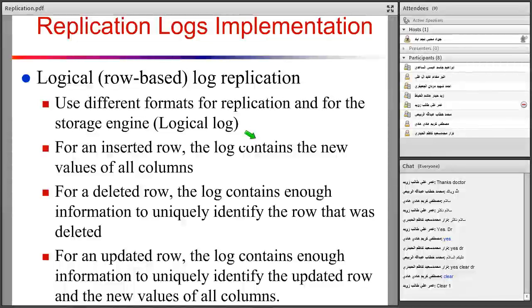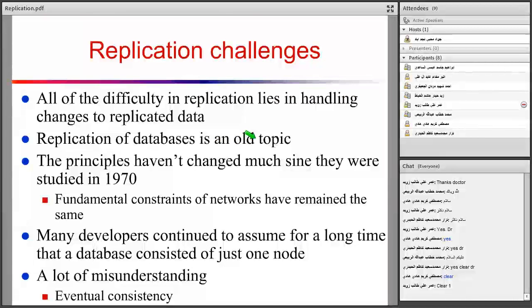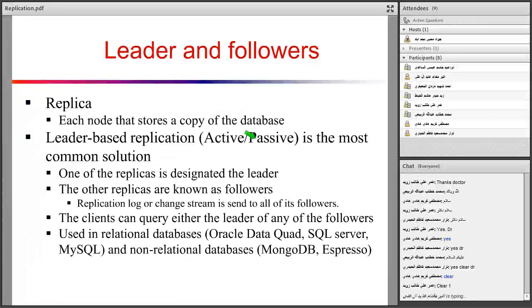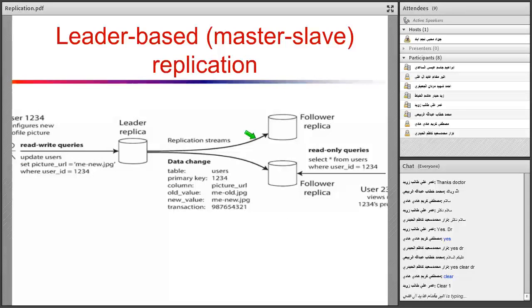You can see one example of this technique here: this is logical data for a data change.